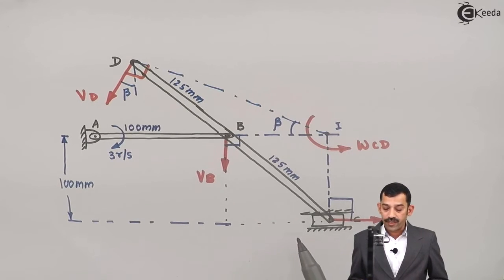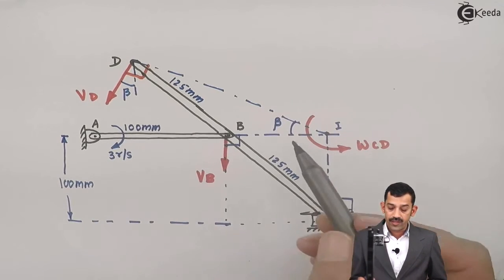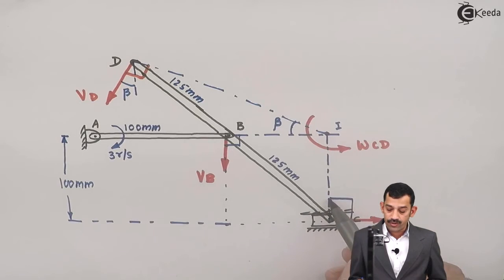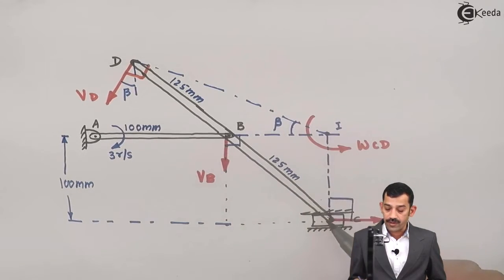From this we'll find out this length IB, length IC. For that, if we assume this angle as beta, here also some inclination we will get, because you know this vertical dimension, and the horizontal dimension we will find out by applying Pythagoras theorem. Therefore, the next step is to find out length IB, length IC, length ID and angle beta.